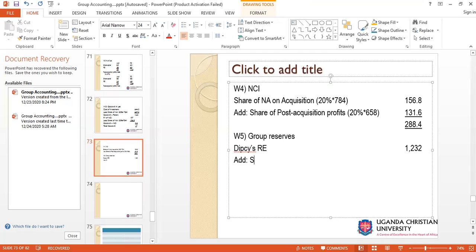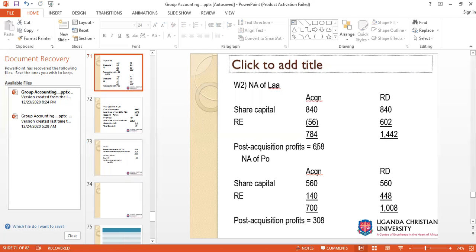Then we add share of post-acquisition profits in LA. From LA we have 80% of the profits.